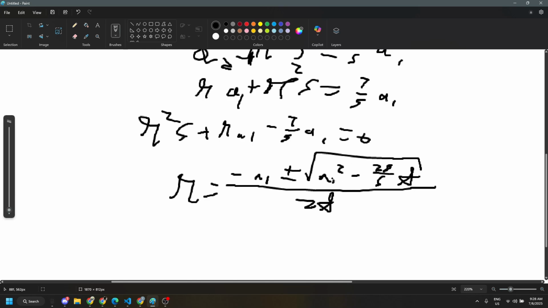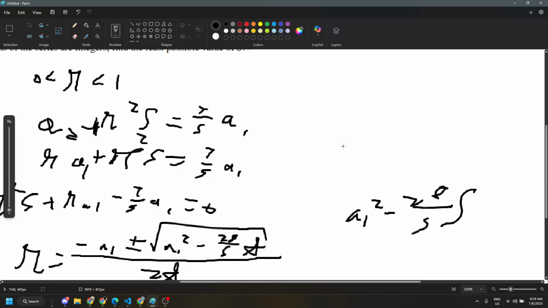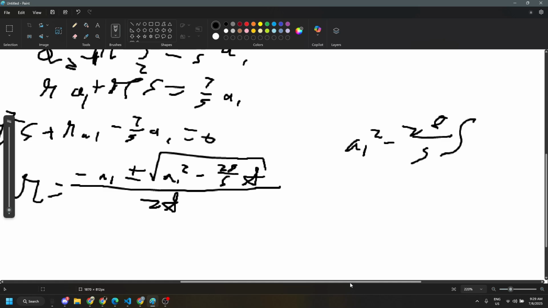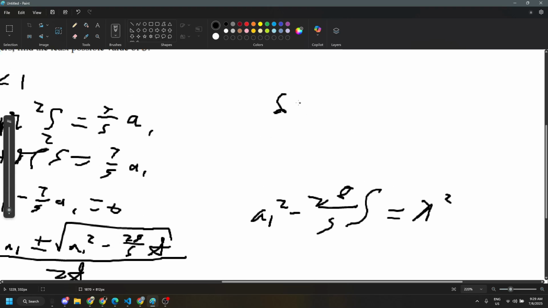If a1 squared minus 28 over 5s equals a square number, then we know s has to be divisible by 5.